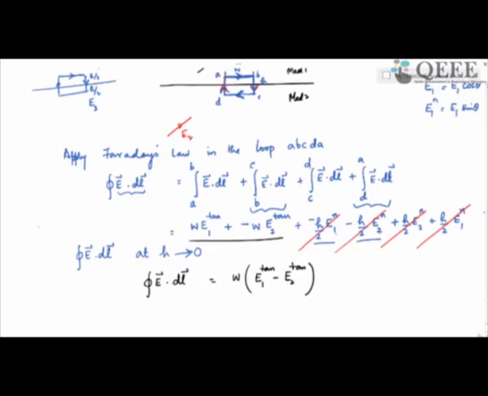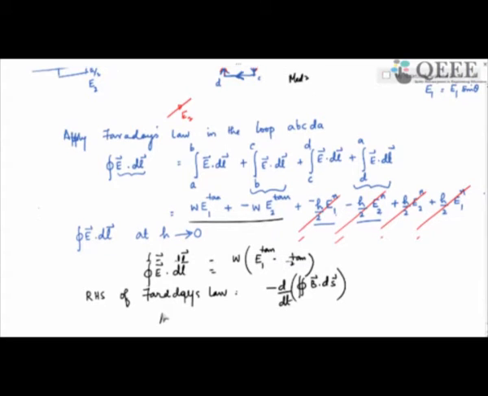Now, this is the left hand side of Faraday's law. What about the right hand side of Faraday's law? The right hand side is minus d by dt of the surface integral of B dot ds. Now, as h tends to 0, the area tends to 0.